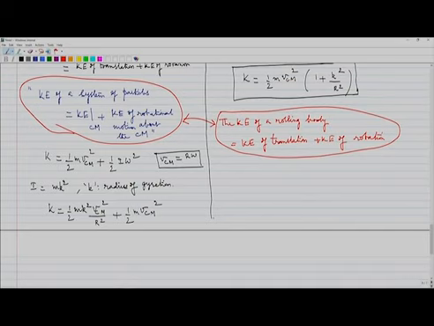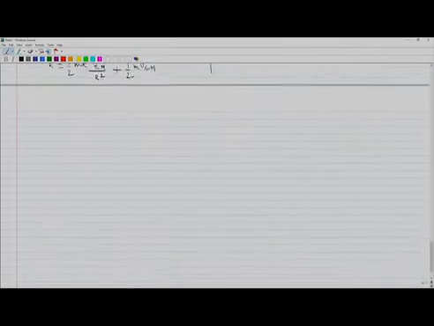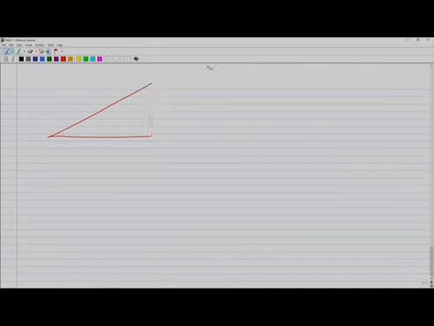Now we can make use of this expression to do a simple problem. It is like this. I have an inclined plane. I have an object. It may be a sphere or a cylinder or a circular disc. It begins to roll down.